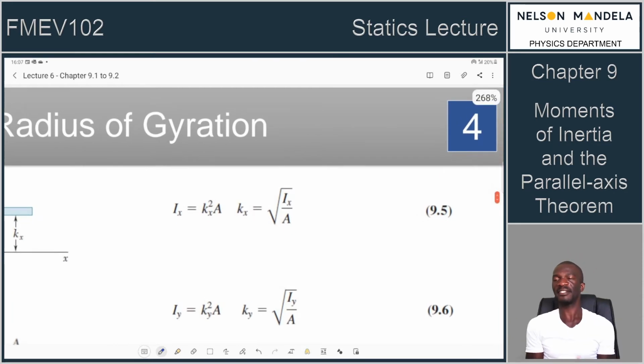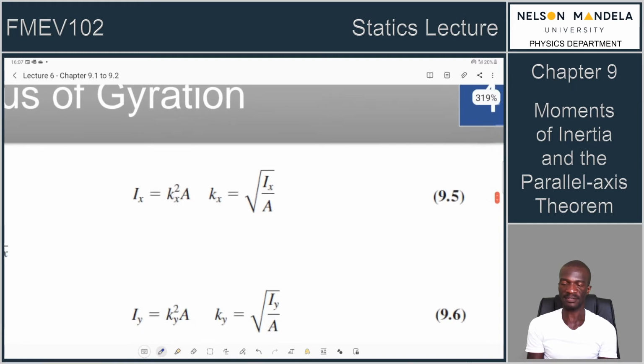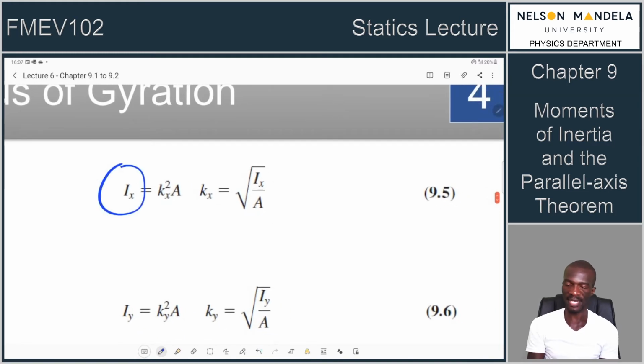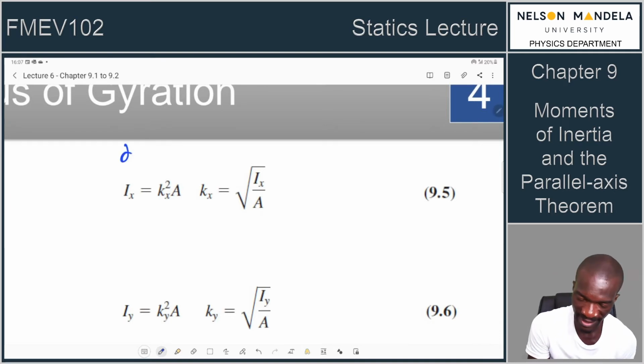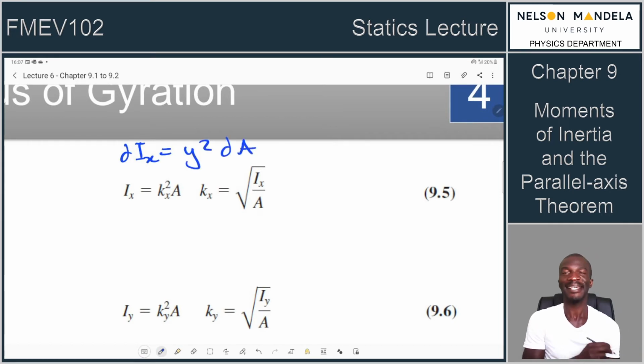Equation number 5 is basically introducing the term radius of gyration that we can find when we are using this Ix. Obviously, we know that dIx is y squared dA.